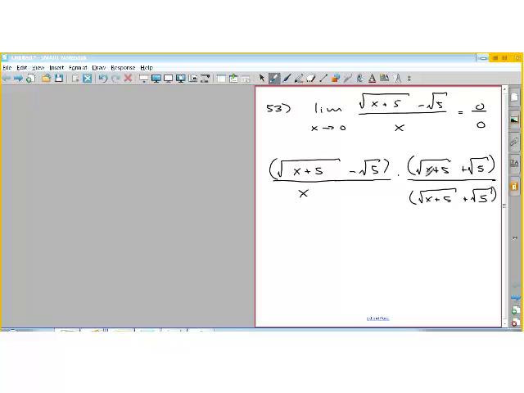And if we plotted this function and we plotted this function, they would be exactly the same, because the only thing that would make it different is if the domain of this was different than the domain of that. And the domain here is more restricted.